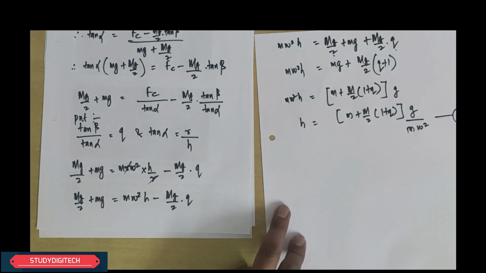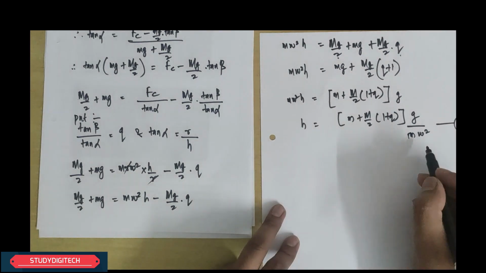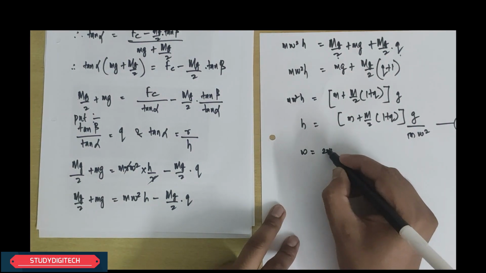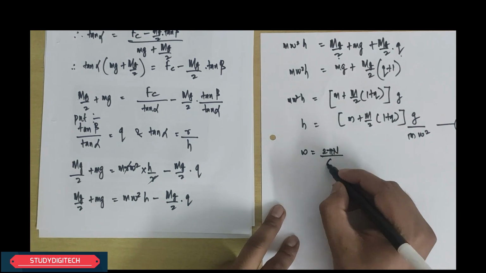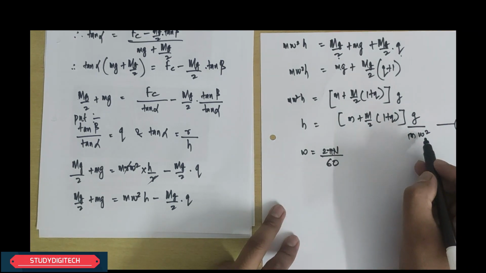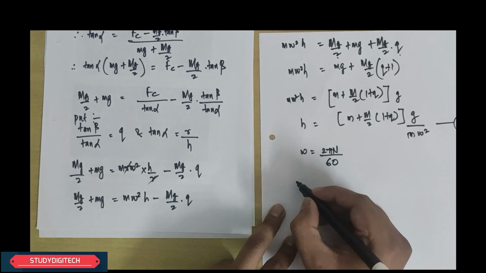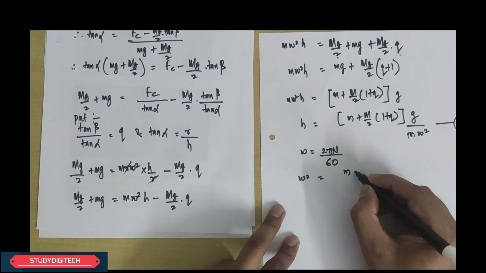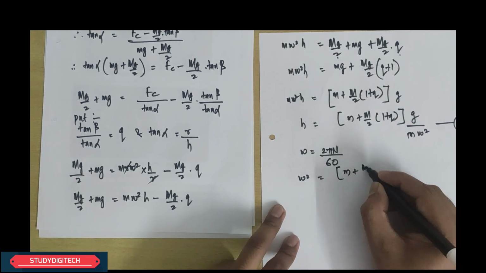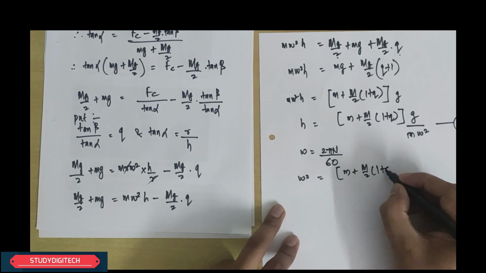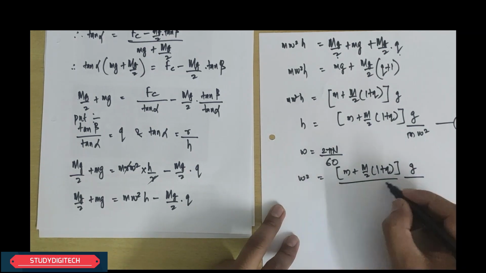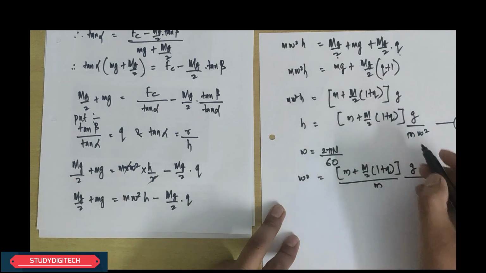Now after this we want to find out the speed of the governor. We know that omega, that is angular velocity, in terms of speed is 2 pi n upon 60. So we will substitute omega as 2 pi n upon 60. We have h equal to small m plus capital M divided by 2 into bracket 1 plus q into g divided by omega square.